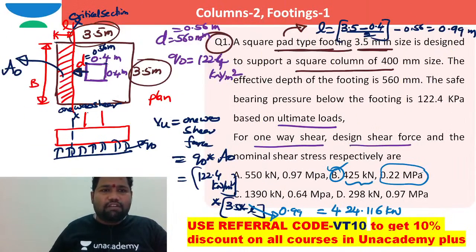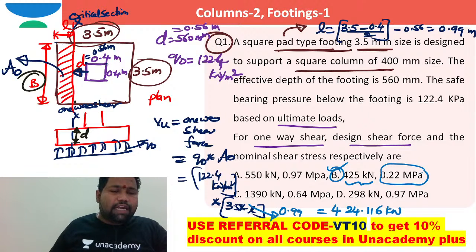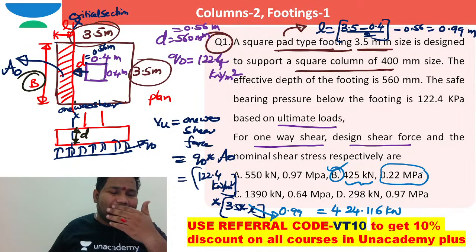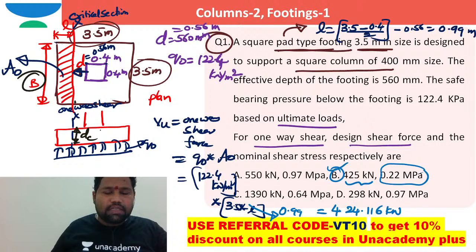The one way shear is developing on a depth of effective depth d, and it is acting over a width of B. So I can write B times the depth of the effective depth of the footing at critical section, maybe dc, right?